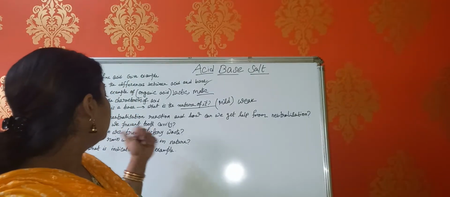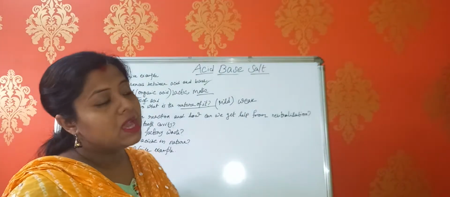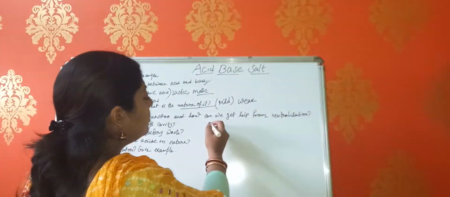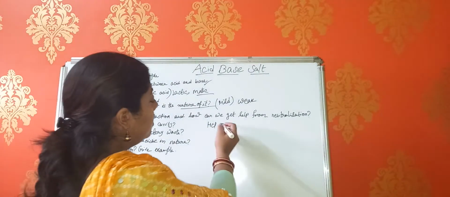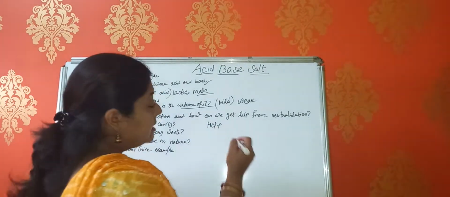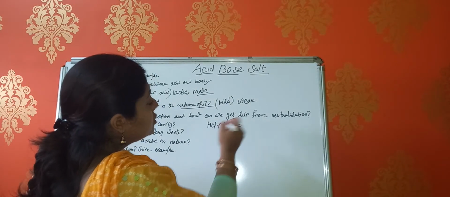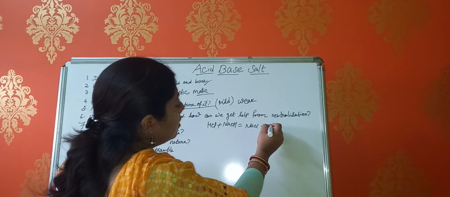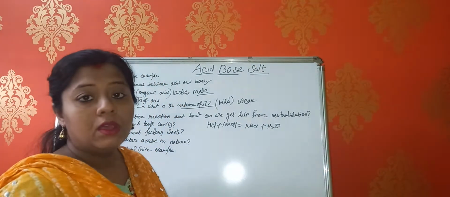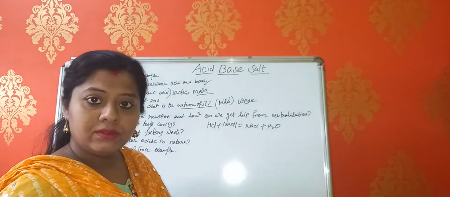Next, what is a neutralization reaction? How can we get help from neutralization? Neutralization means when we have an equal quantity of acid as well as base, we get salt plus water. This reaction is called a neutralization reaction.